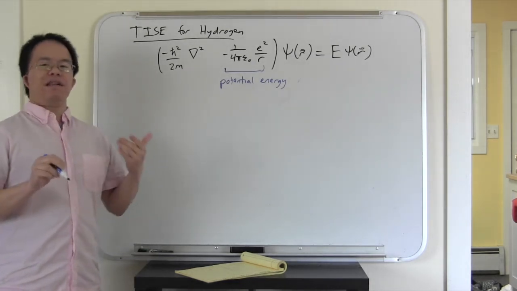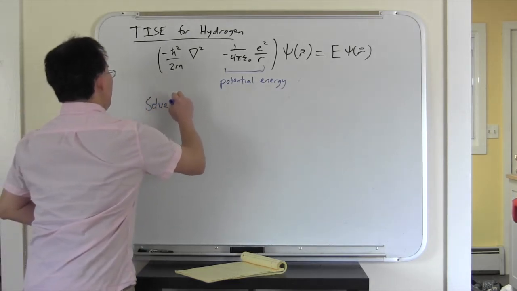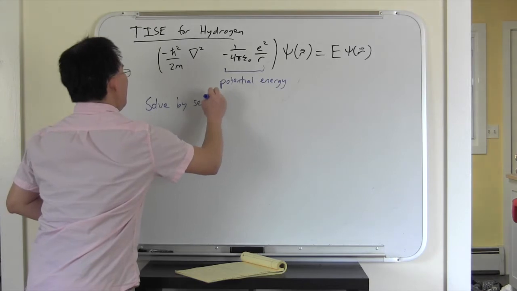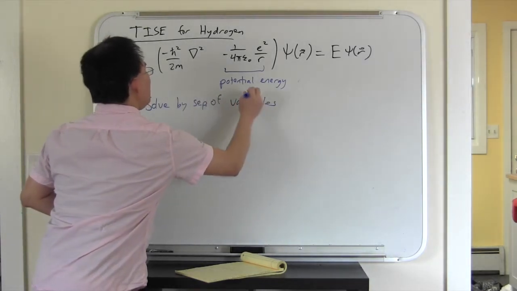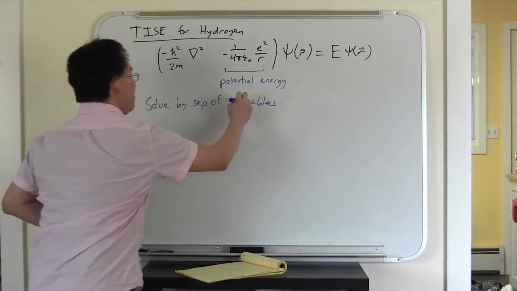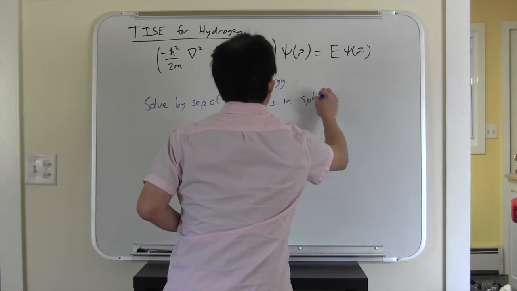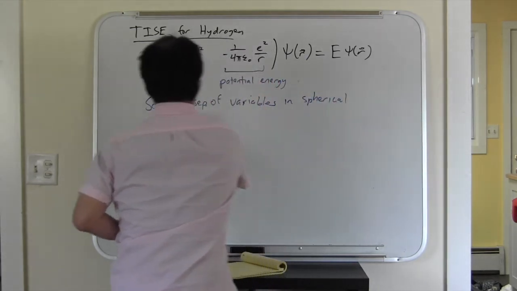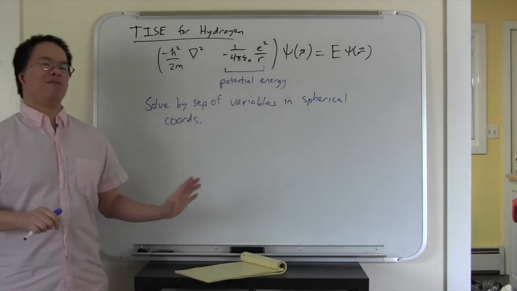Okay. So the process of solving this equation is not a straightforward one. One will end up doing separation of variables in spherical coordinates. We're not going to go through the details.